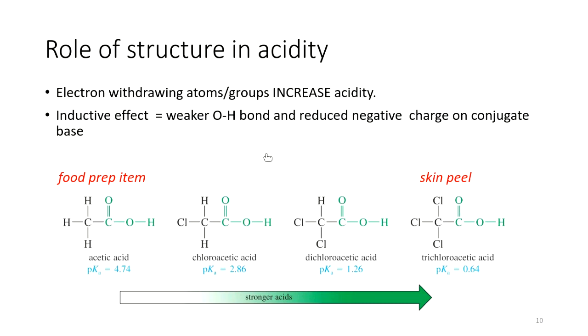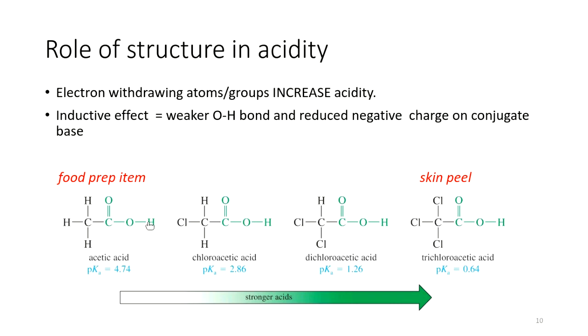Okay. So let's look at all the points that Jordan raised. First, we know that electron withdrawing things are going to be electronegative, right? And electronegative means that it pulls electron density towards itself. Now, if a group is pulling electron density towards itself, then it's going to help to weaken this OH bond.